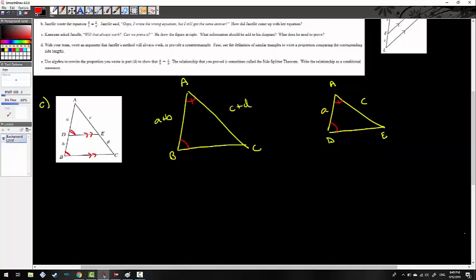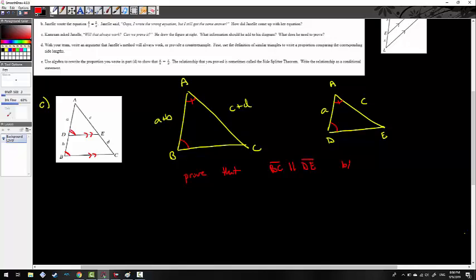So we can just go ahead and make the jump and say he needs to prove that BC is parallel to DE. And we have proven it, right?